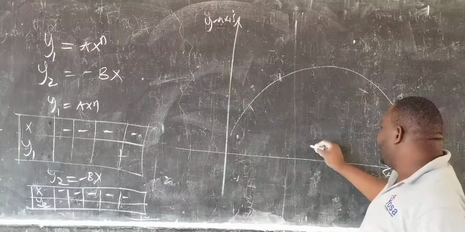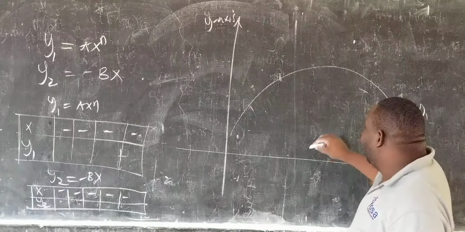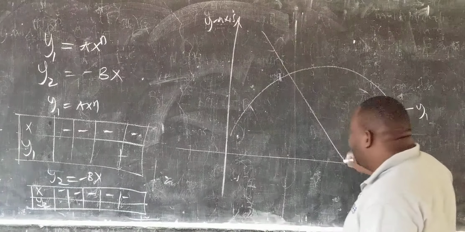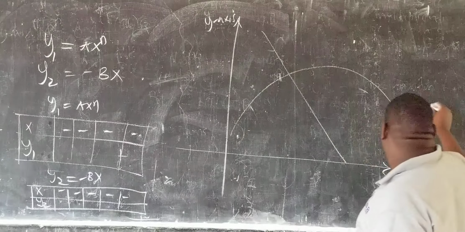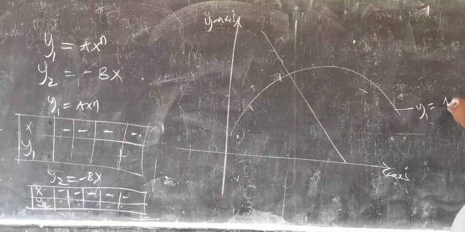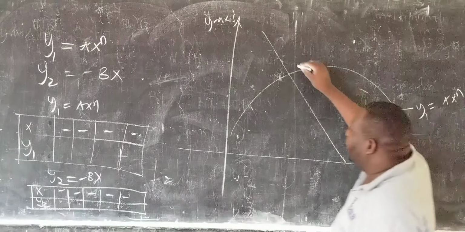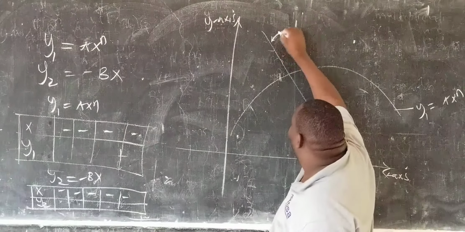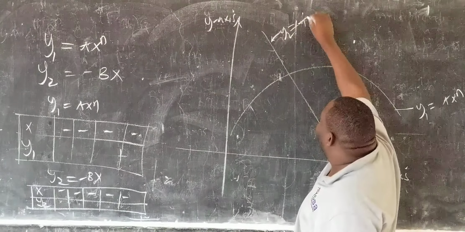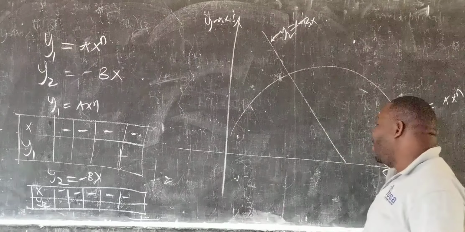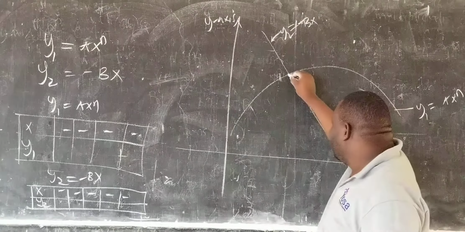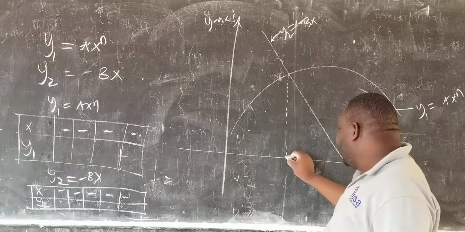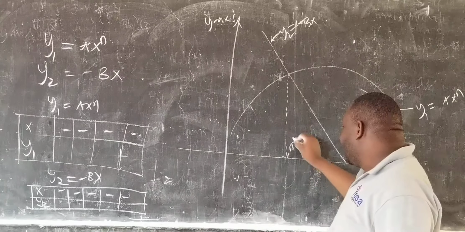Then you can plot the other one, negative bx. This one here is y1 equals ax^n, and this one here is y2 equals negative bx. So where these two intersect, that's where you take the roots.